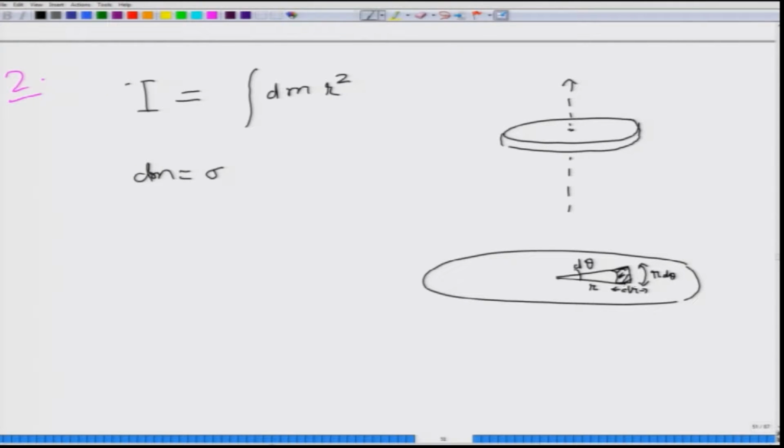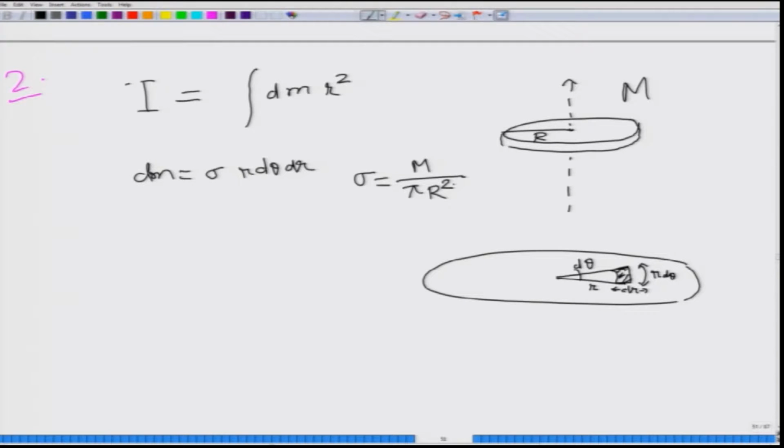The area of this chunk is r d theta dr, and if the total mass of this disk is capital M and the radius is capital R, then sigma is mass divided by the total area of the disk, which is pi R square.